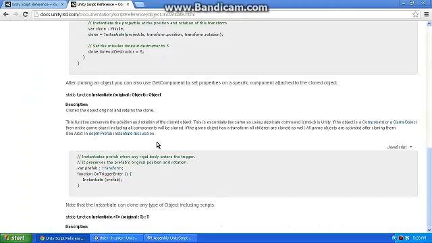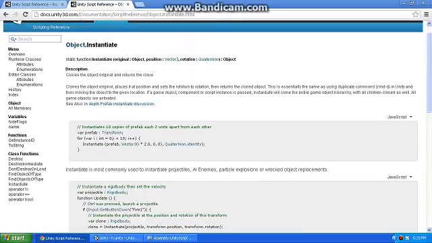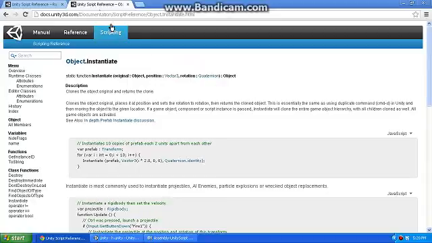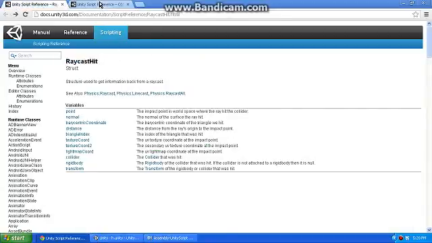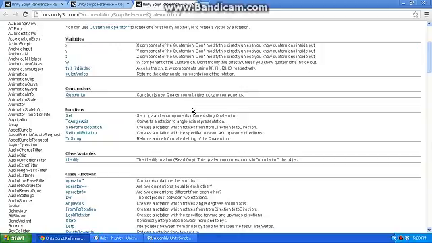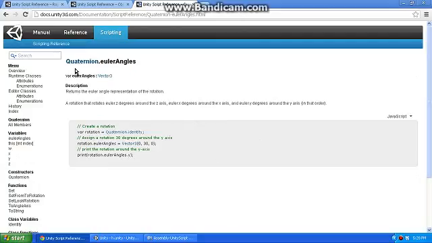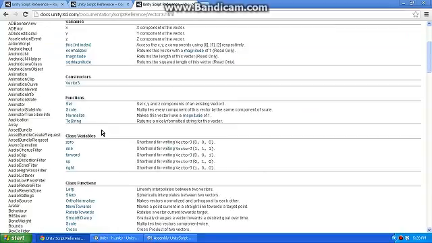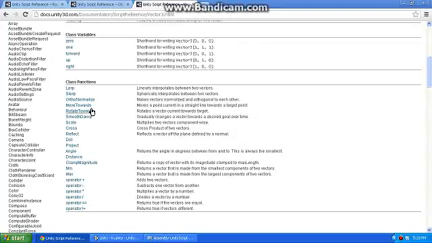Because objects need to be initiated with a quaternion. Now I'm wondering if there's a vector 3 to quaternion. Yeah, returns the Euler angles representation. So Euler angles is a vector 3.